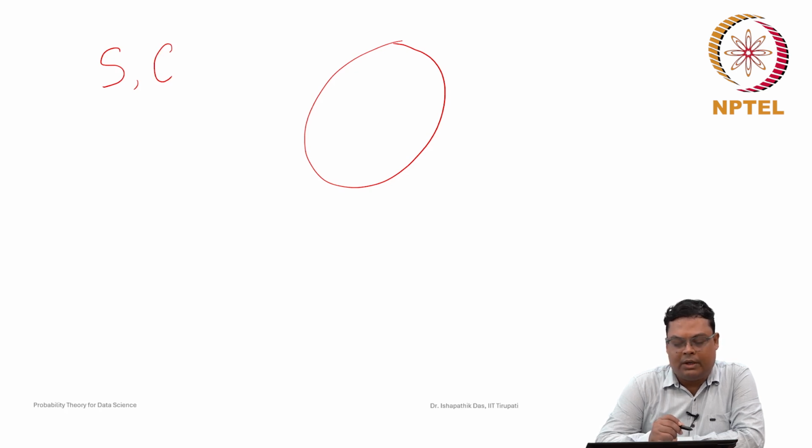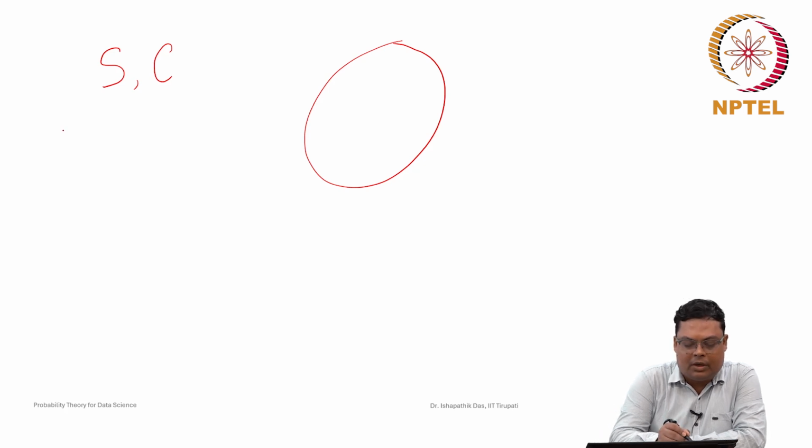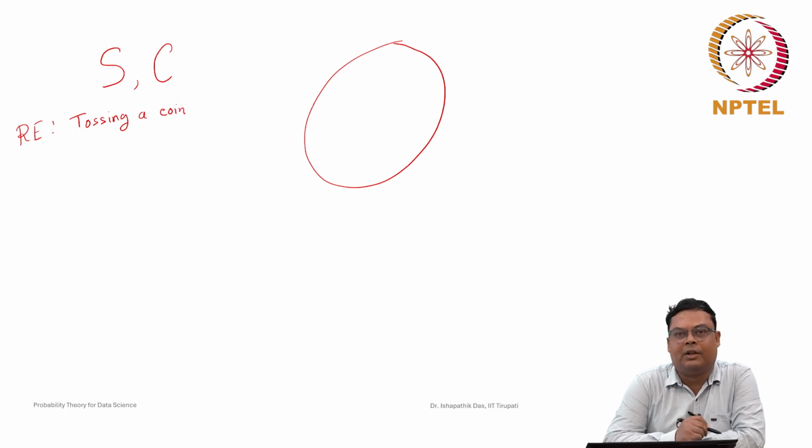Remember the random experiment. Suppose we are considering a random experiment, tossing a coin. Then what will be the outcome?